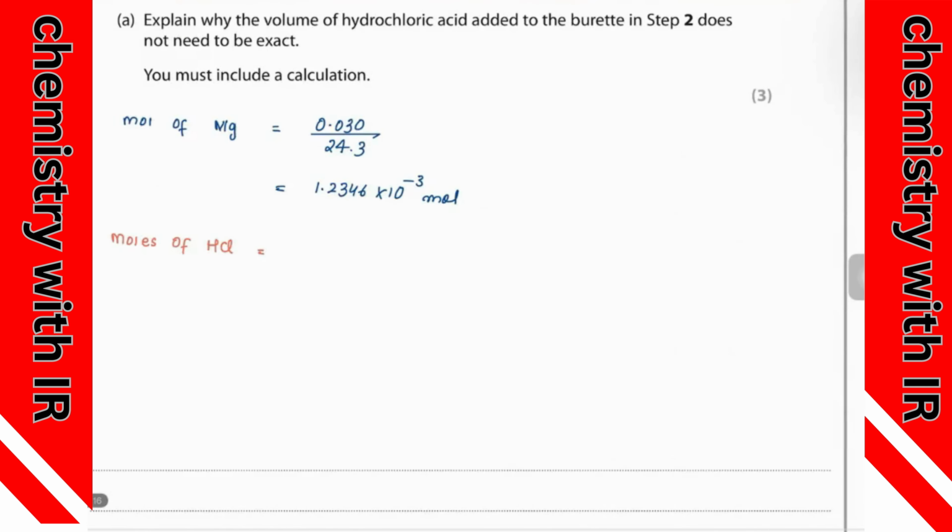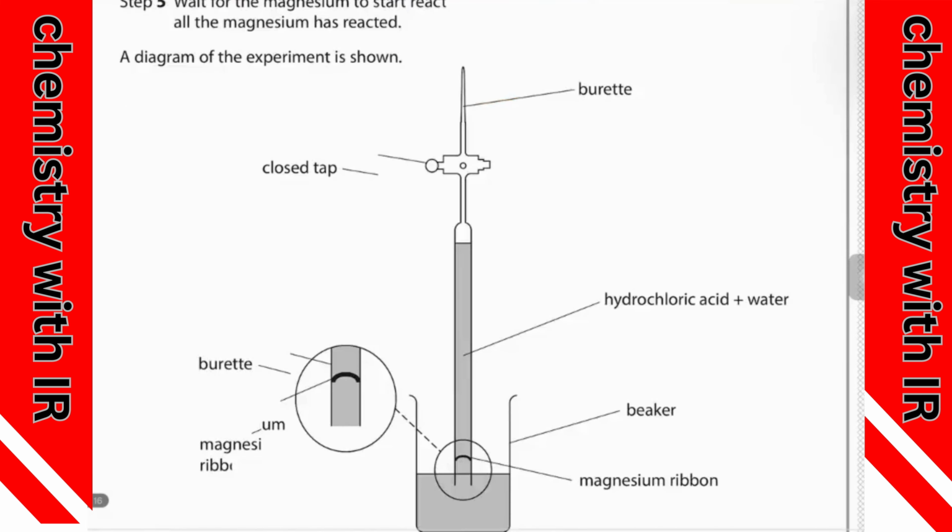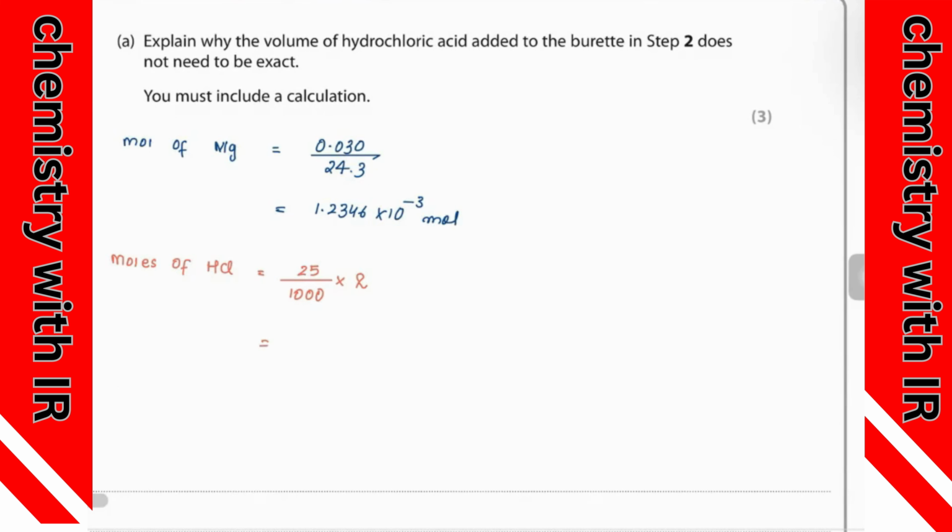The volume is 25, and you have to convert this into dm cube by dividing by 1000, multiplied by 2. Concentration was 2. So how many moles do you have?